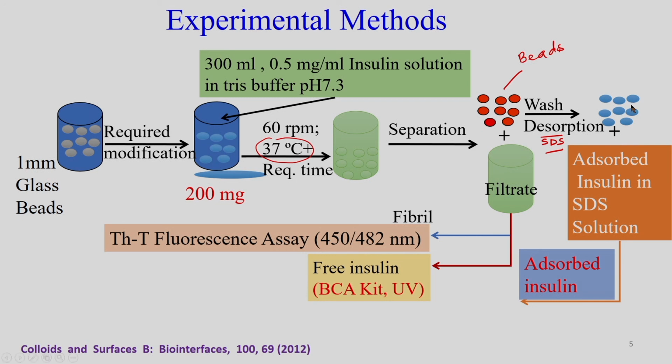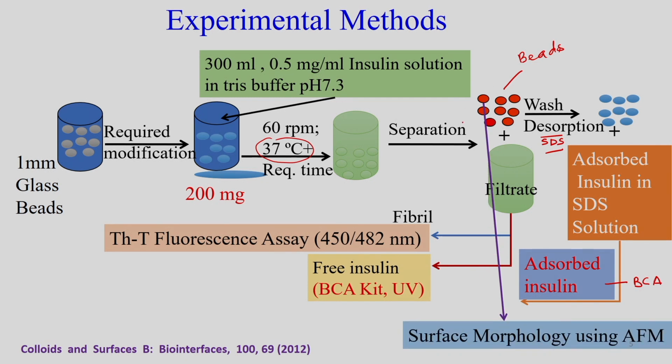Similarly, after desorption we can also analyze the adsorbed amount on the surface. This adsorbed insulin can again be analyzed using the BCA assay. Further, these are the surfaces with the adsorbed or aggregated insulin, so that morphology can be analyzed using atomic force microscopy.